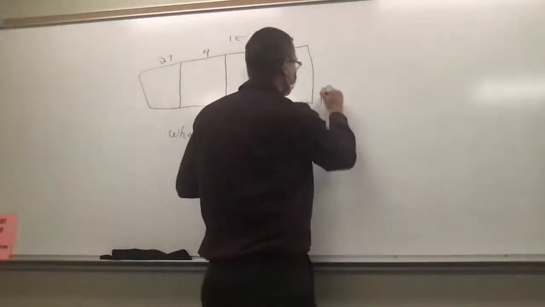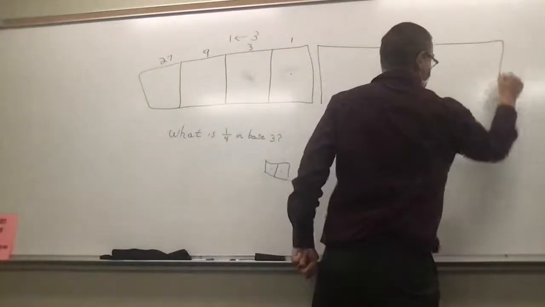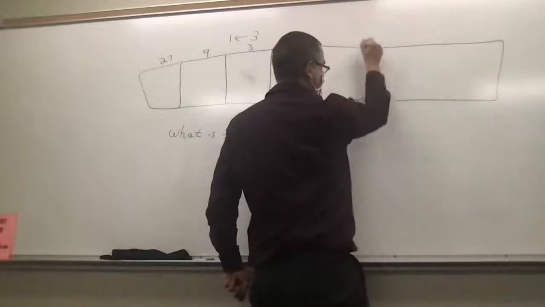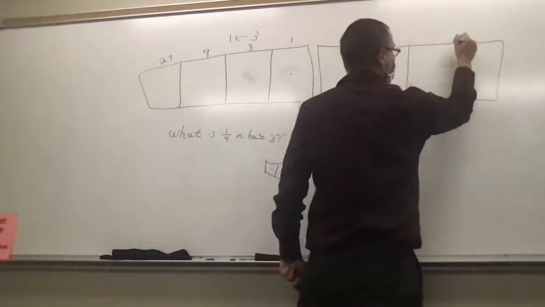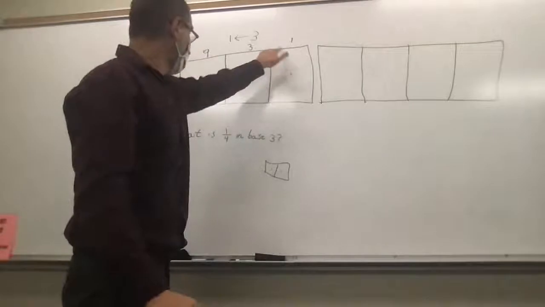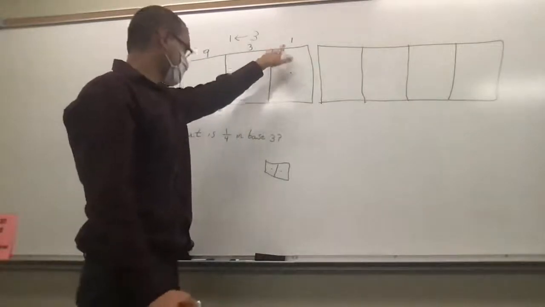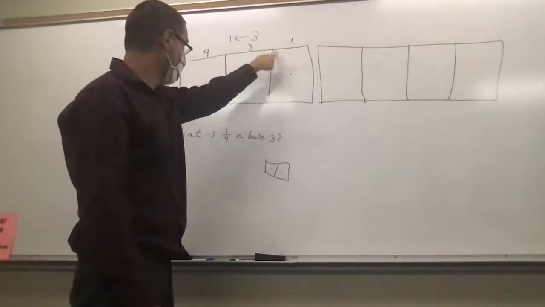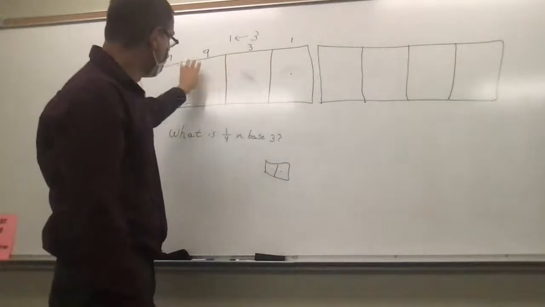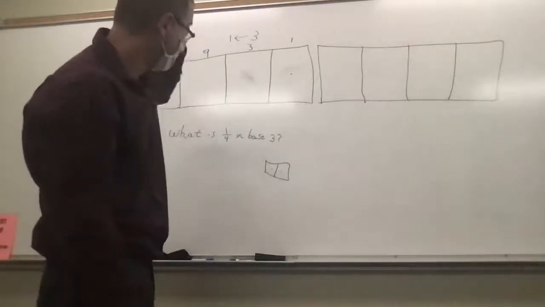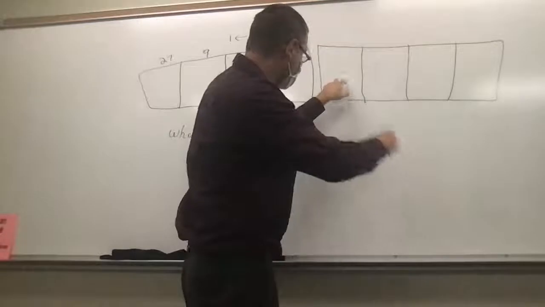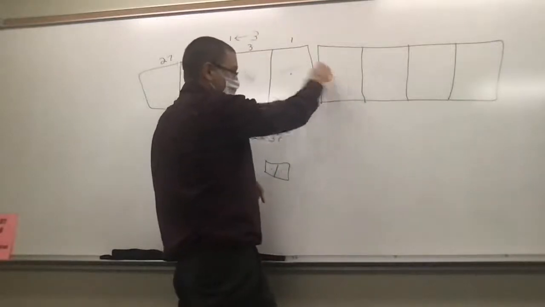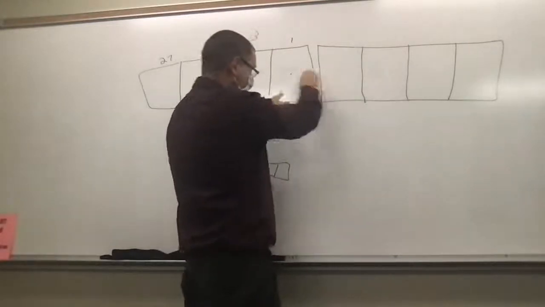And we know we can, right? Because if we have boxes going this way, do these boxes have any meaning? Well, I think they do. In this case, going to the left, we know our boxes are powers of 3. 3 1s made 3, 3 3s made 9, 3 9s made 27, and so on. So if the same rule applies, then 3 of these would have to make 1 of these, right? So 3 what make 1?